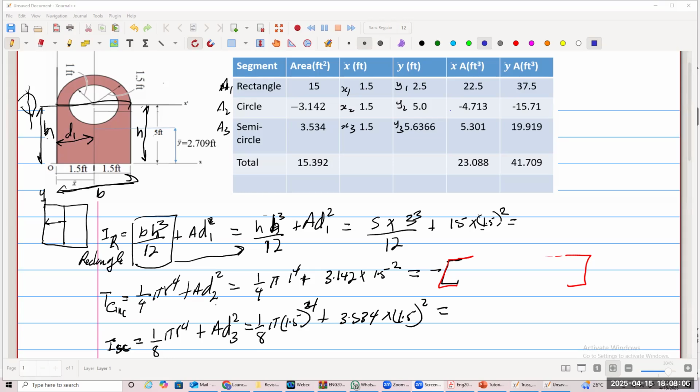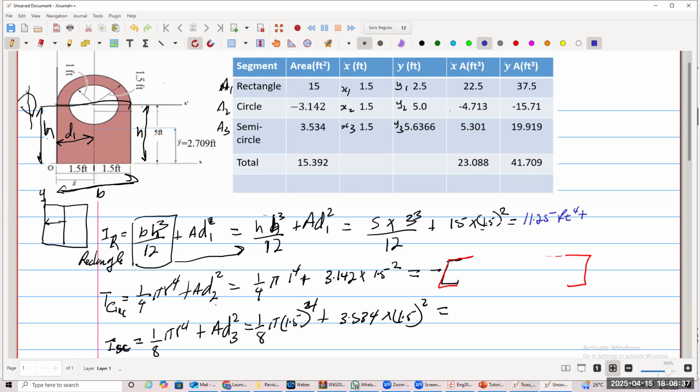So the first one is what? What do you say the first one works out to be? It's going to be 300, and that is 3 cubed, 27 times 5 divided by 12. You get 11.25, and that is feet to the fourth power.